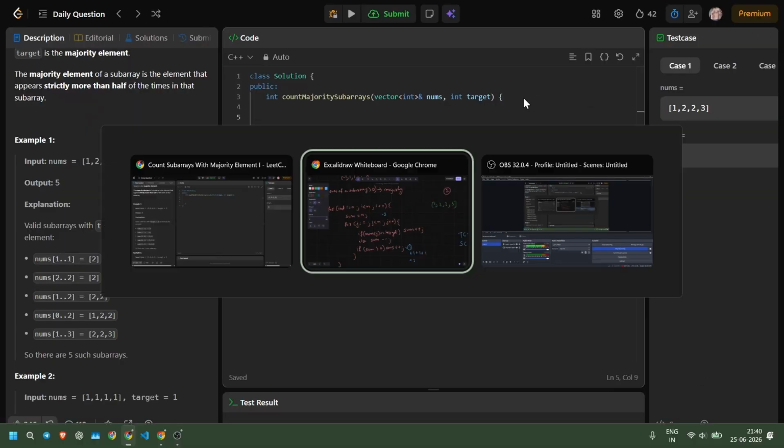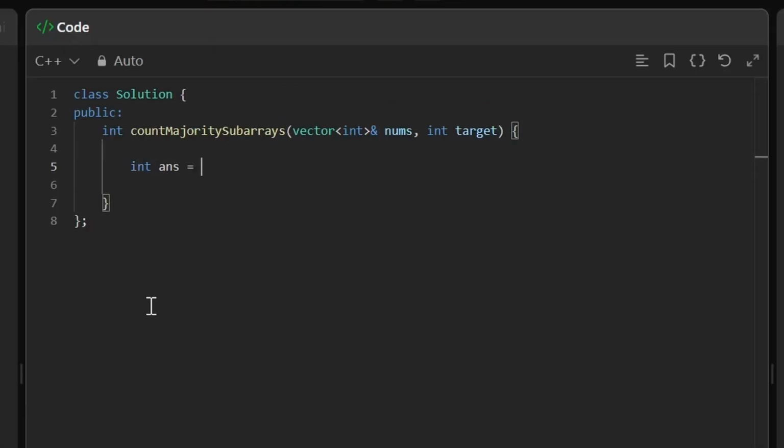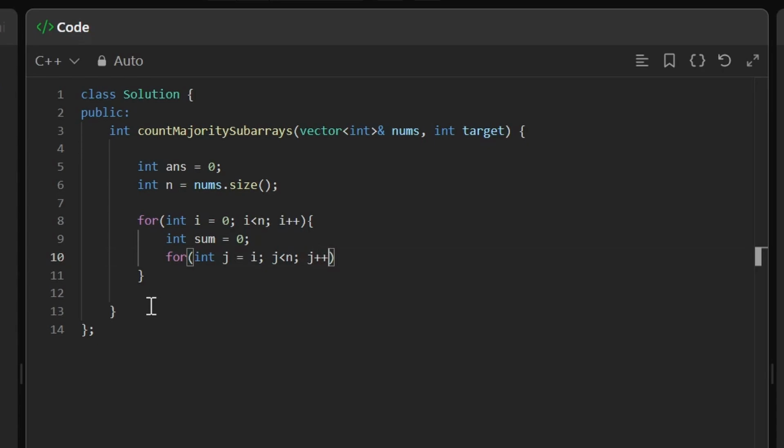So what we have to do is, first we have to take care of answer, and answer equal to 0, and let's take int n equal to nums size. For int i equal to 0, i less than n, i plus plus, and let's initialize sum equal to 0, and now do a nested loop, for int j starting from i, j less than n, and increase j.